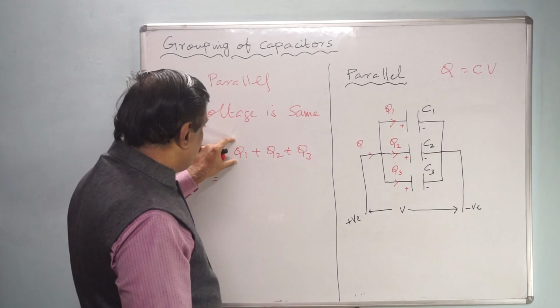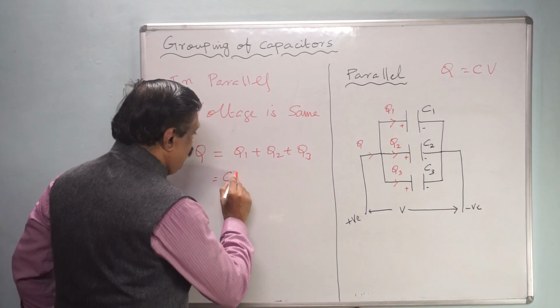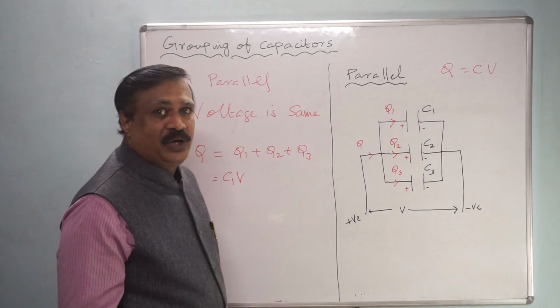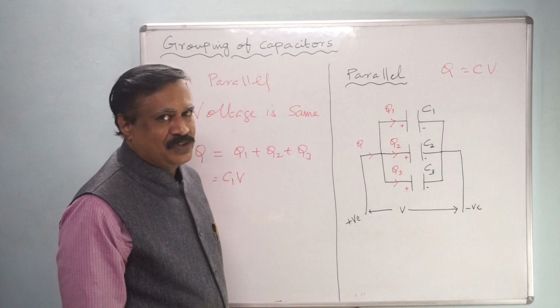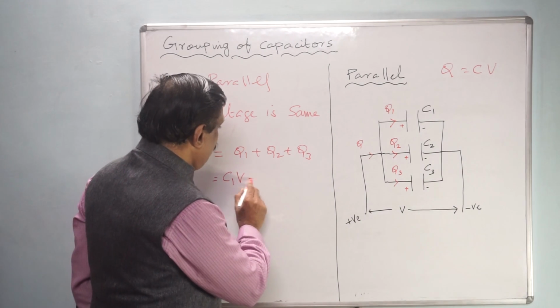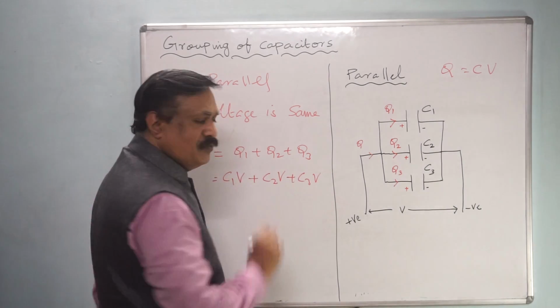Therefore, for your Q1, you have to give C1V. V1 we cannot give because V is same for all the capacitors. Therefore, C1V plus C2V plus C3V.